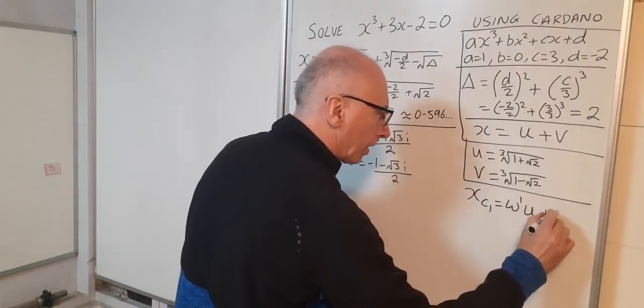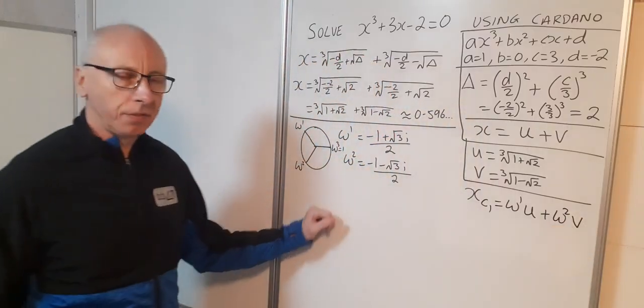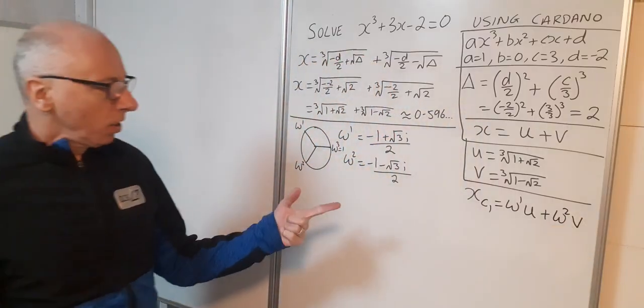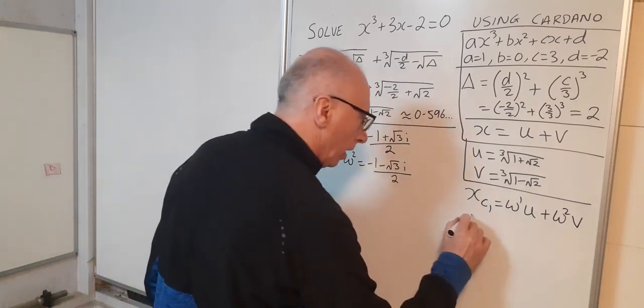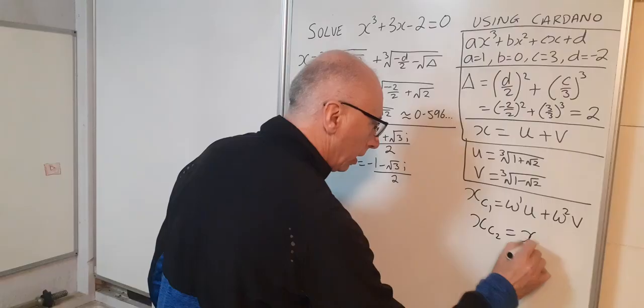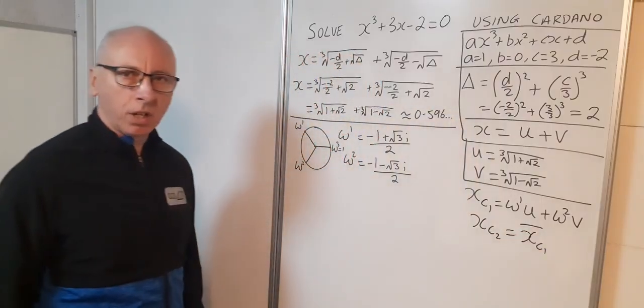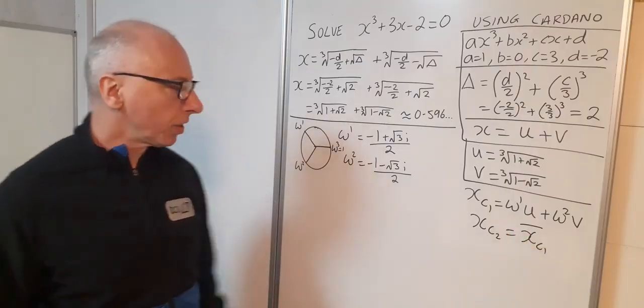And I'm going to add to that omega squared and multiply that by v. And to find the other complex solution, as they're complex conjugates of each other, my x complex 2 would just simply be this first solution I defined, but its complex conjugate. So that's my terminology for doing that. Just put the bar above the top.